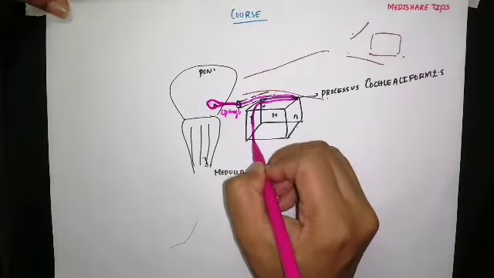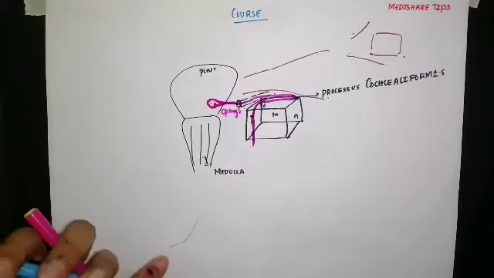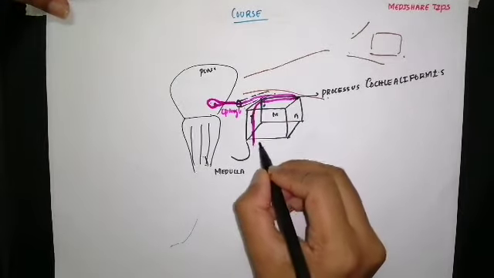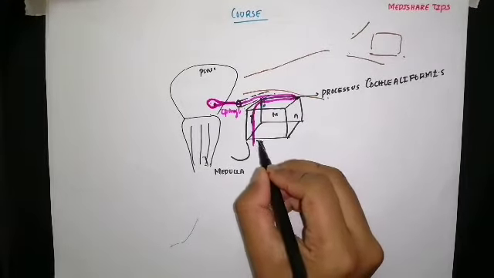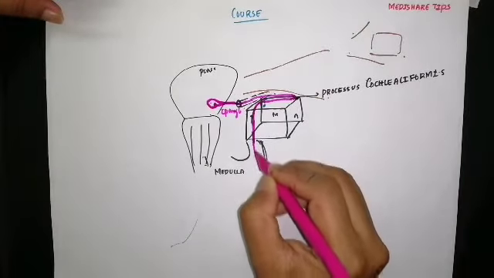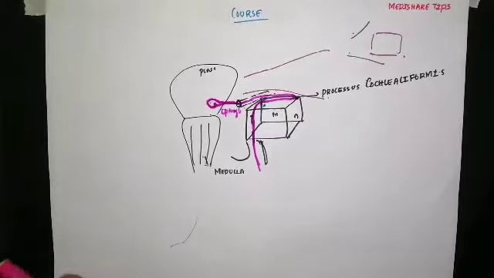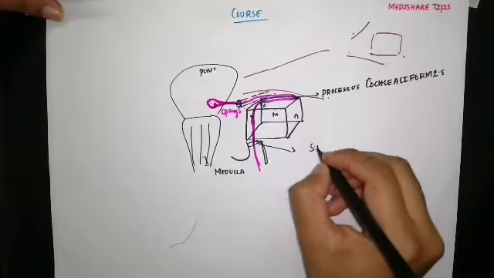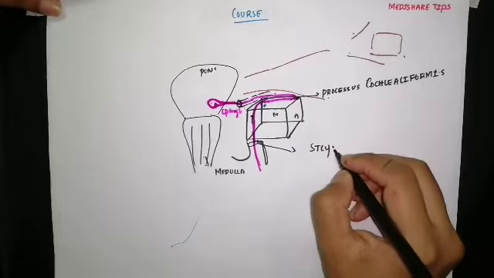And it exits out through a foramen, this is the mastoid and styloid process, which is known as the stylomastoid foramen.